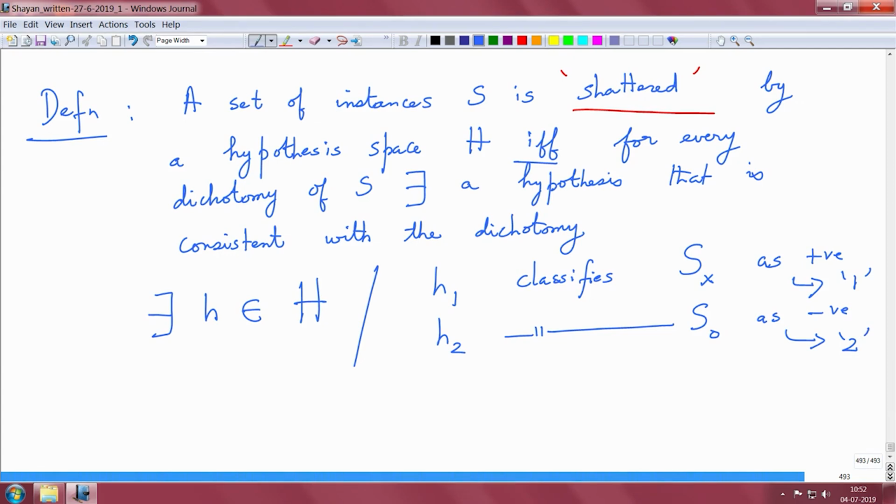And if the hypothesis is consistent with the dichotomy, then we can say that the set of instances in this set S is shattered by the hypothesis present in the hypothesis space, right.